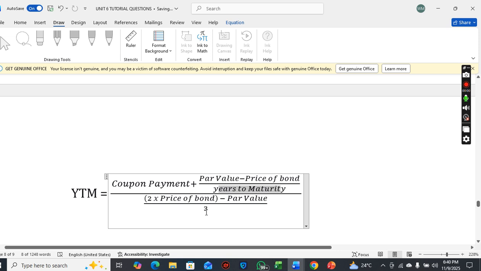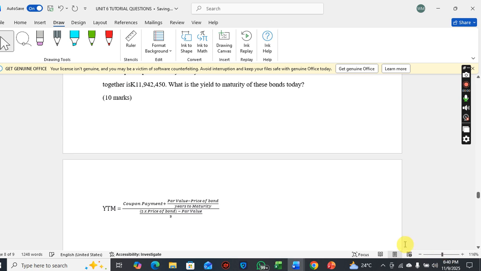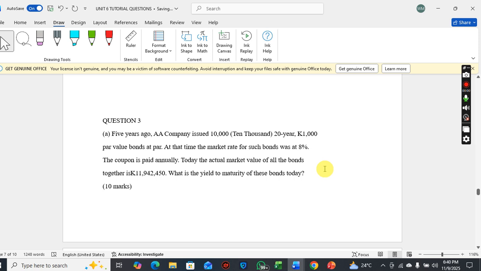Now, this was Papa's formula, but if you go on the net and you see the other formulae, it's just price of bond plus par value divided by 2. So we'll just have to use the formula which your lecturer gave so that you get all the marks.